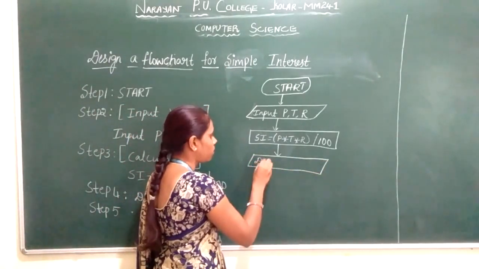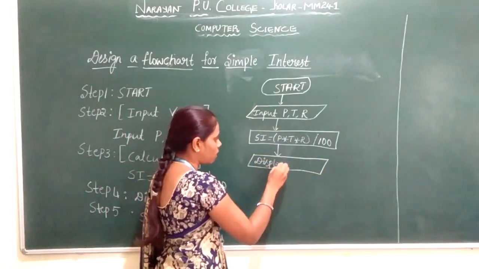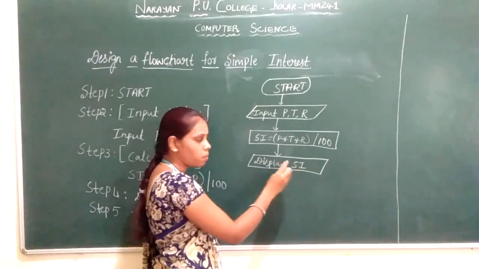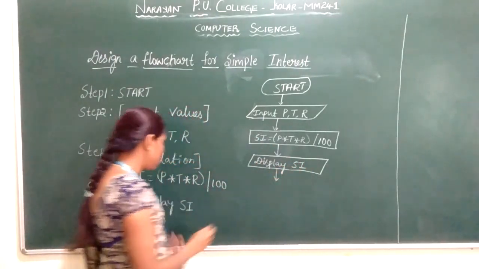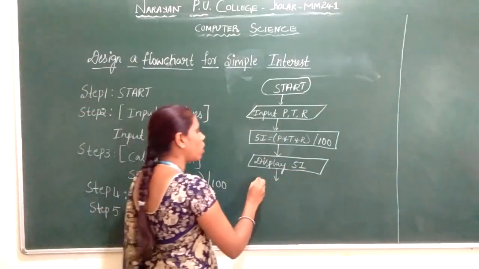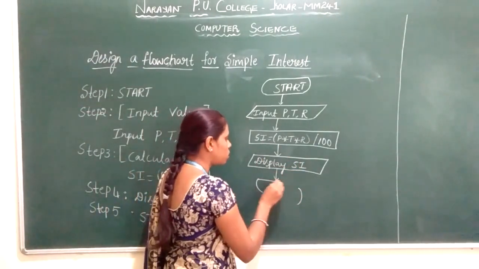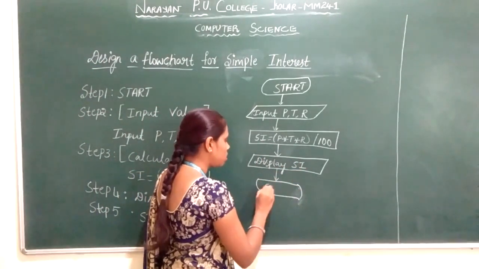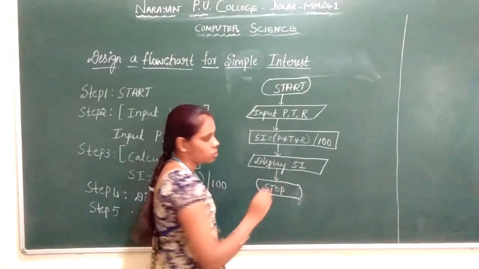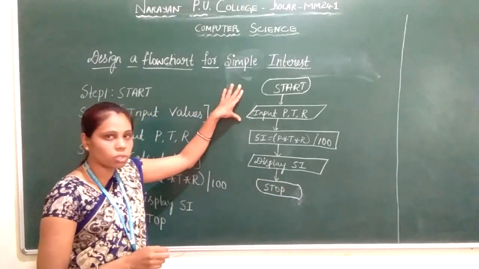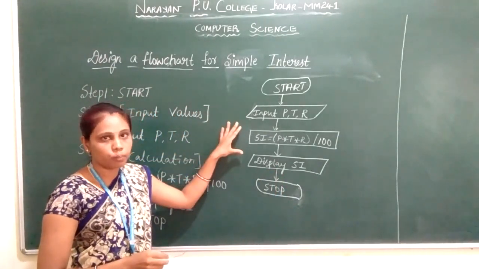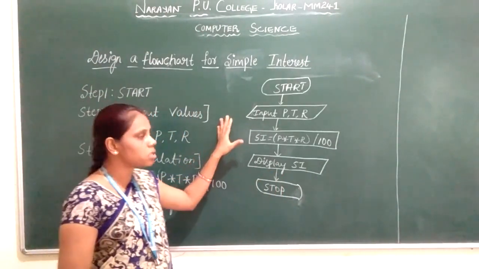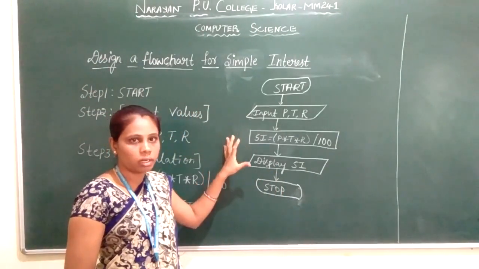So display SI, that is simple interest we are displaying. The next step is stop. So for stop or ending the flow chart, we use an oval symbol, that is stop. So this is the flow chart for finding the simple interest. This is an algorithm for simple interest, and this is the flow chart for simple interest.